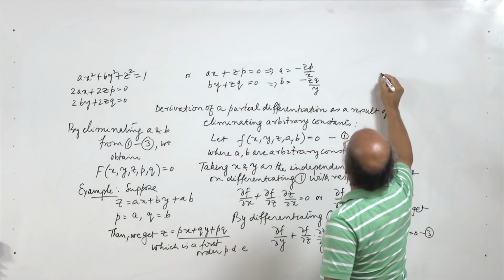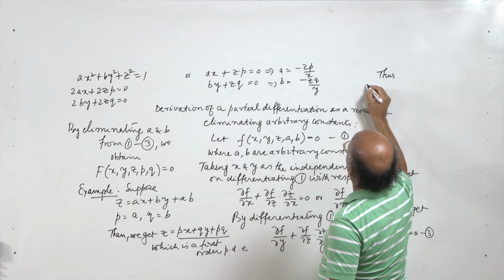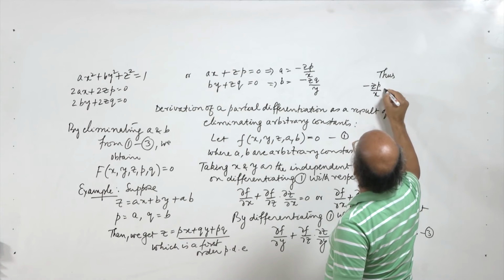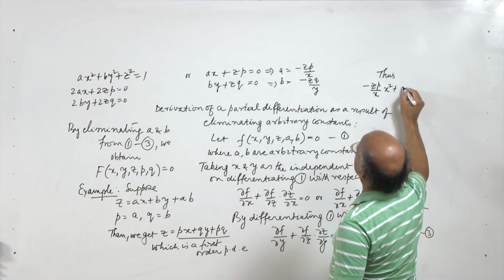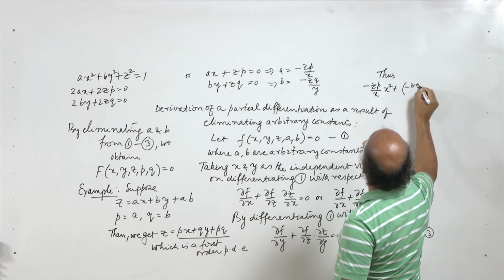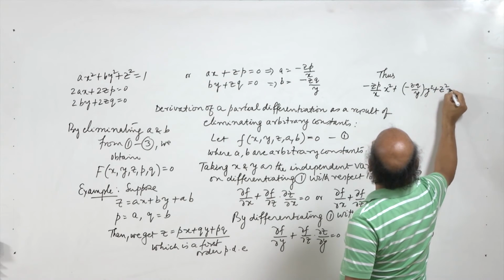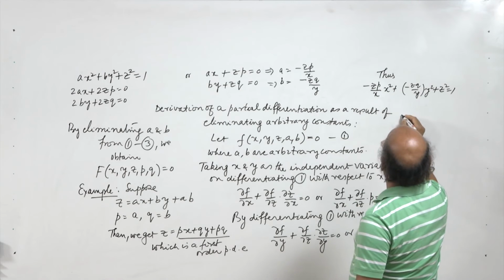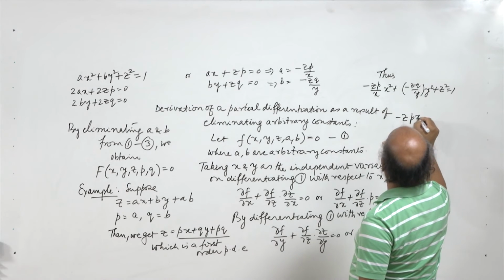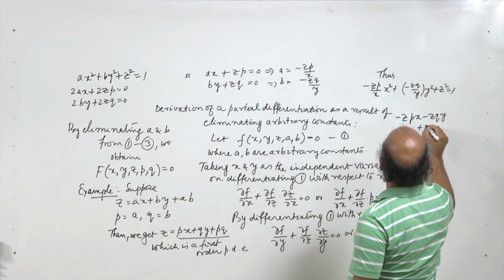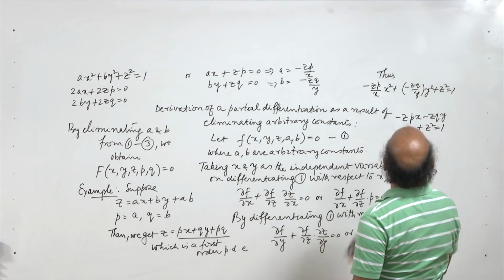Thus we have minus zp upon x into x² plus minus zq upon y into y² plus z² equal to 1, or we shall have minus zpx minus zqy plus z² equal to 1.